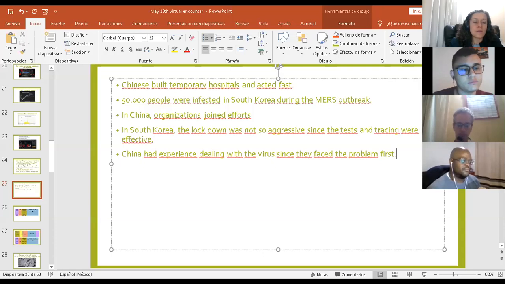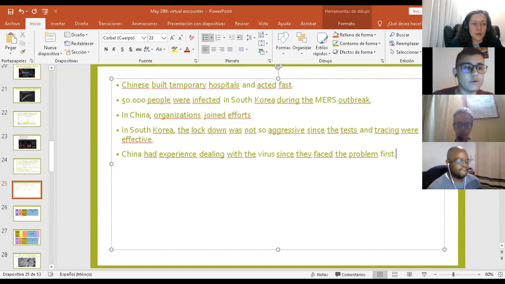It is because they acted fast, and maybe because they had faced other outbreaks before, and different cultures. As you mentioned, they join efforts. They are very strict, so if they are told not to do something, they really don't do it.